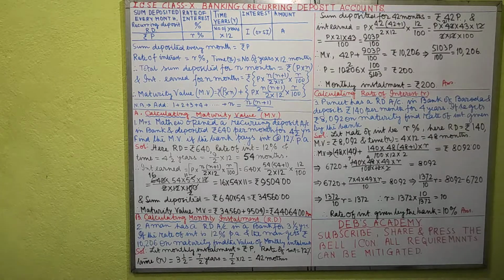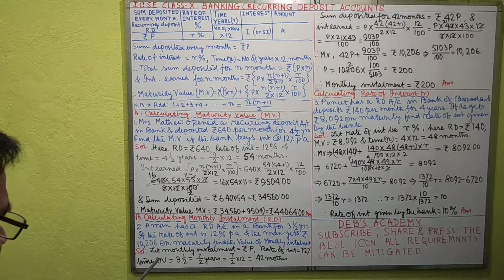Now the second question. We have to find out the RD, that is recurring deposit, that means the monthly deposit that was given to the bank every month. Now the second question is that a man has a recurring deposit account in a bank for 3.5 years.